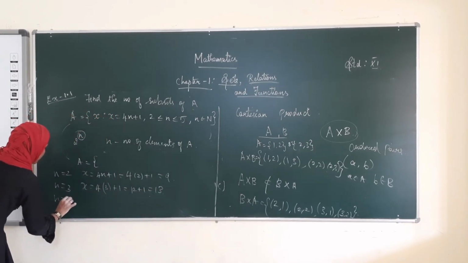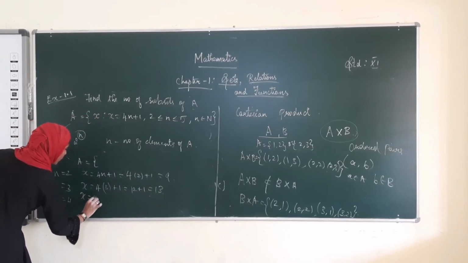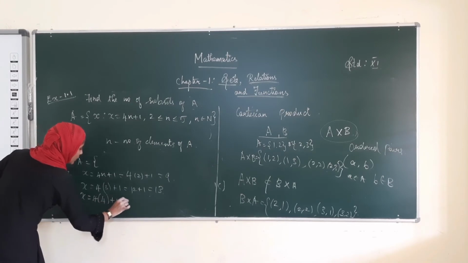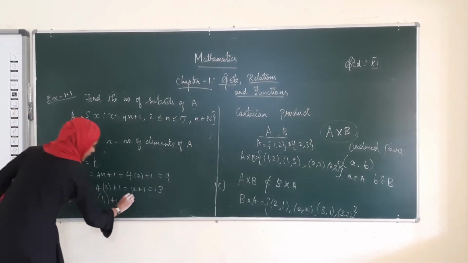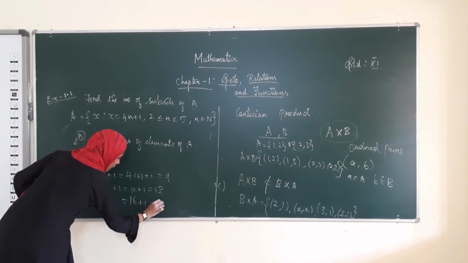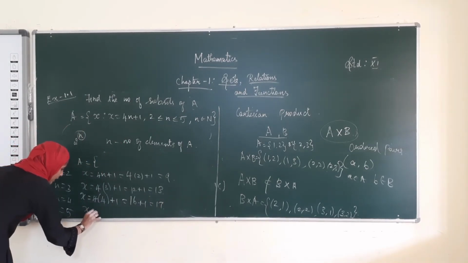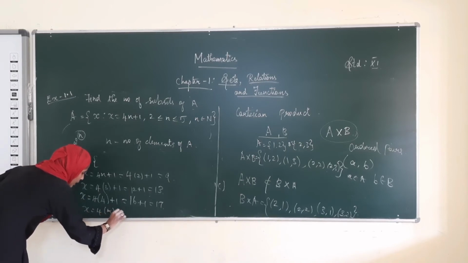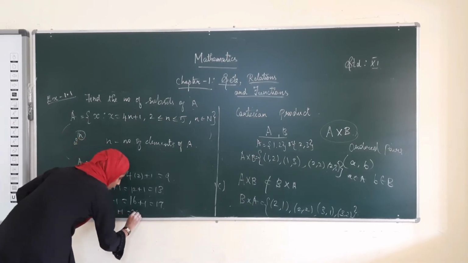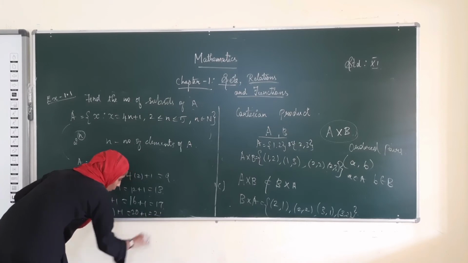Then n is equal to 4, x is equal to 4 into 4 plus 1, 4 fours are 16, 16 plus 1 is 17. And n is equal to 5, x is equal to 4 into 5 plus 1, 5 fours are 20, 20 plus 1 is 21.